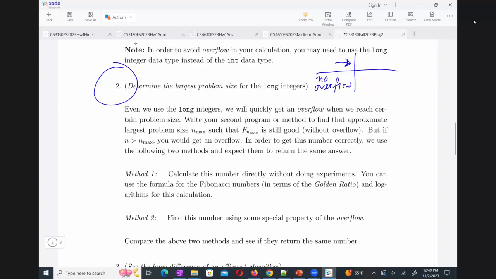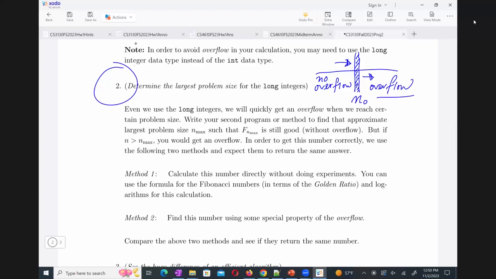But after this line, there must be some n number, and overflow. Overflow number. After this line, then you have overflow. You need to find it.